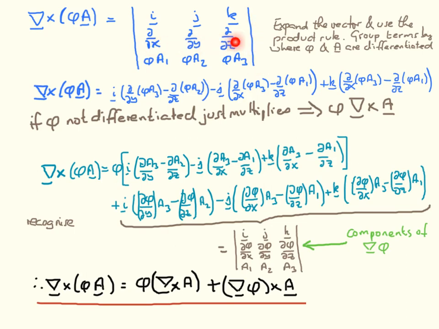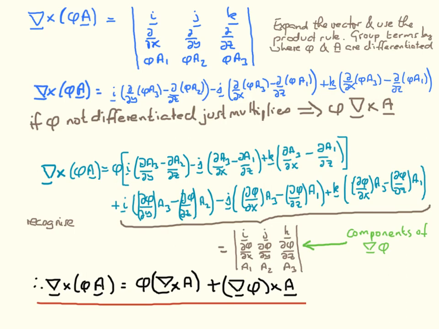These are the components of the derivative, the nabla or del operator, and the components of phi A are phi A1, phi A2, and phi A3. So we just expand this in the standard way, and we have now to calculate the derivatives.